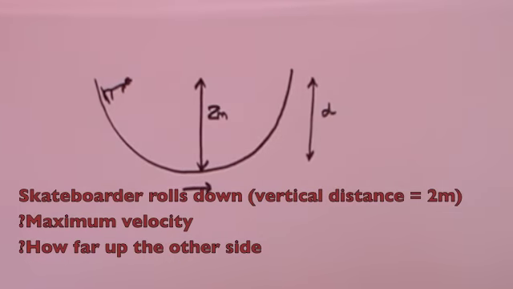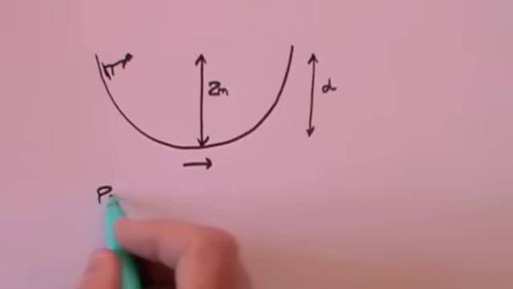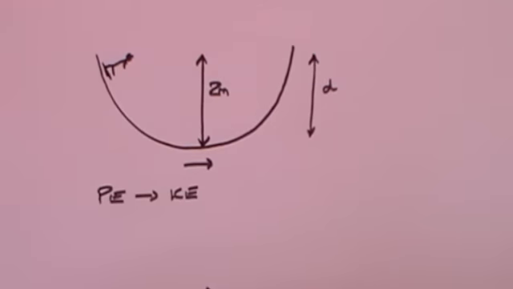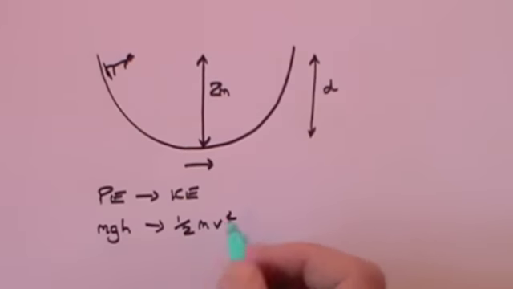For this, we need to recognize that potential energy will be converted into kinetic energy, and we'll assume that it's 100% efficient. Of course, it won't be because there'll be friction, but we'll forget about that. And that means that mgh will convert into half mv squared.